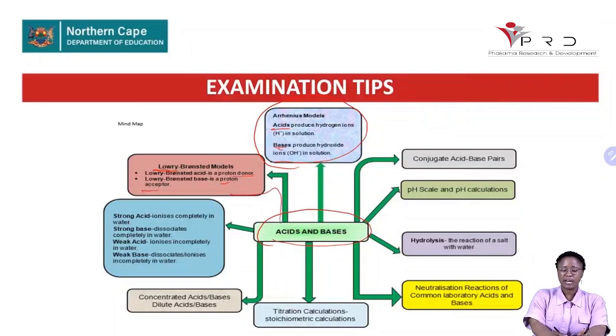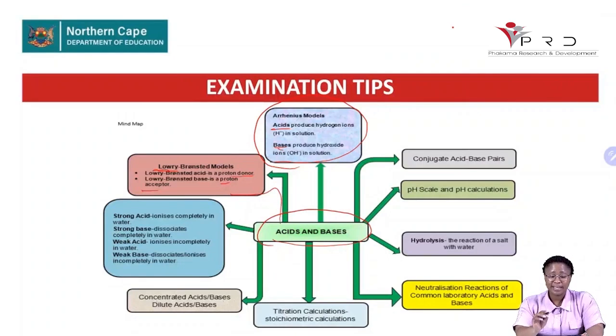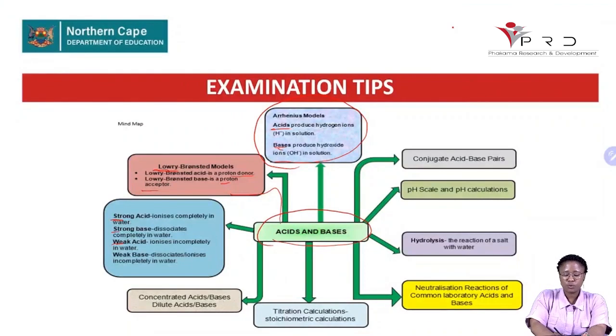Now I have covered the definitions, but I should know that there are different types of acids. We also did the differences between strong acids and weak acids, and between strong bases and weak bases. A strong acid ionizes completely in aqueous solution, and remember, an aqueous solution is a solution that consists of water. A weak acid will ionize incompletely in aqueous solution.